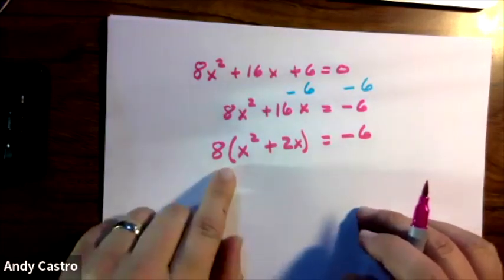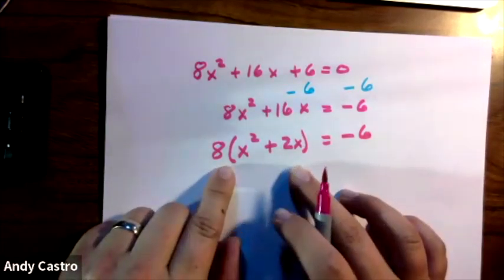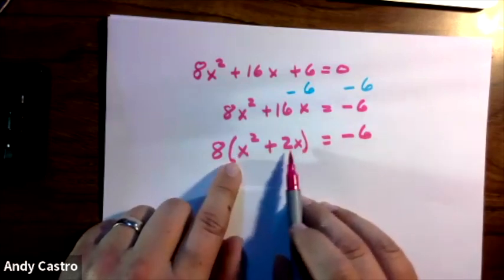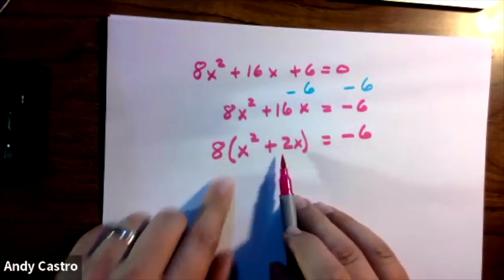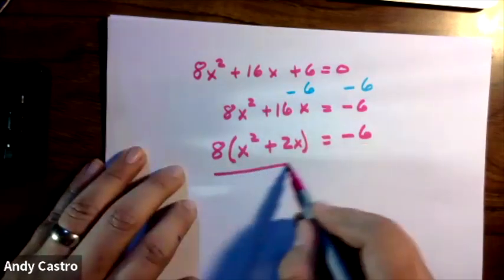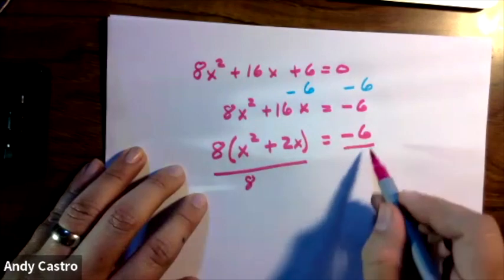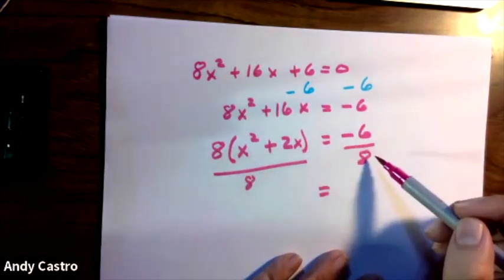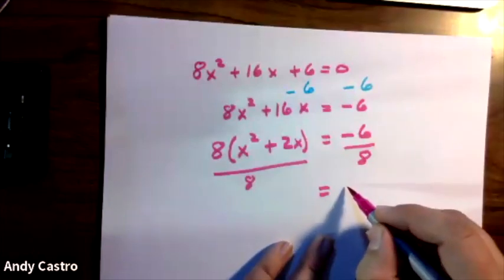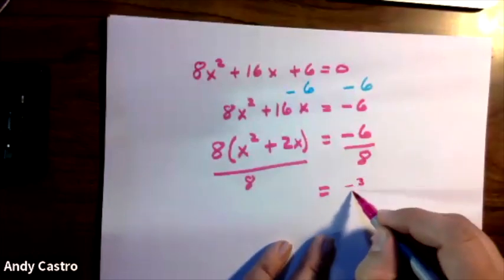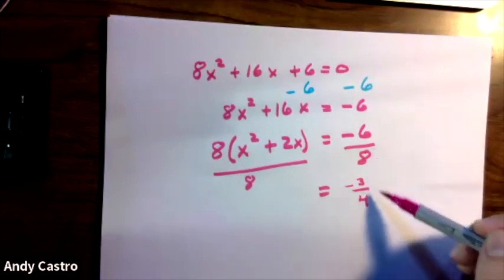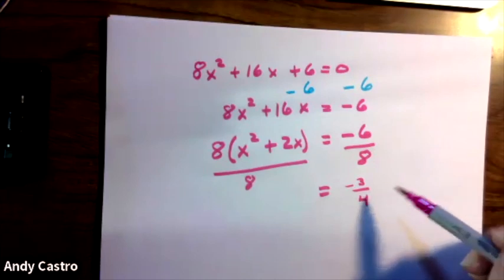But in order to complete the square, I need to be able to have these terms and complete the square in here. So I'm actually still going to divide by 8 on both sides. And then over here, negative 6 over 8 can simplify: if I divide the top and bottom by 2, I get negative 3 over positive 4.